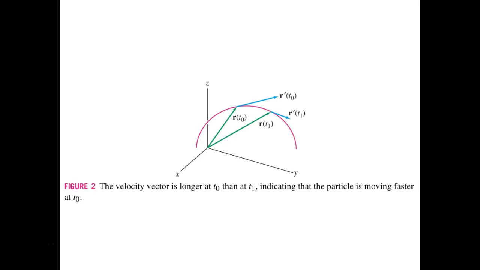Okay? And they have no basis for saying that, but they're just saying, notice the velocity vector is longer at t0 than at t1, indicating the particle is moving faster at t0 than it is at t1. Now, I don't know especially why they threw that in, but it certainly could be true. Okay? So let's look at example 2.